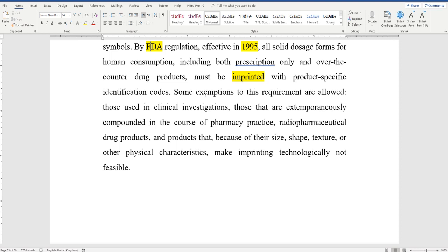To be able to identify the tablets, you need to have some kind of mark on the tablet. That's why they must have some kind of identification mark.